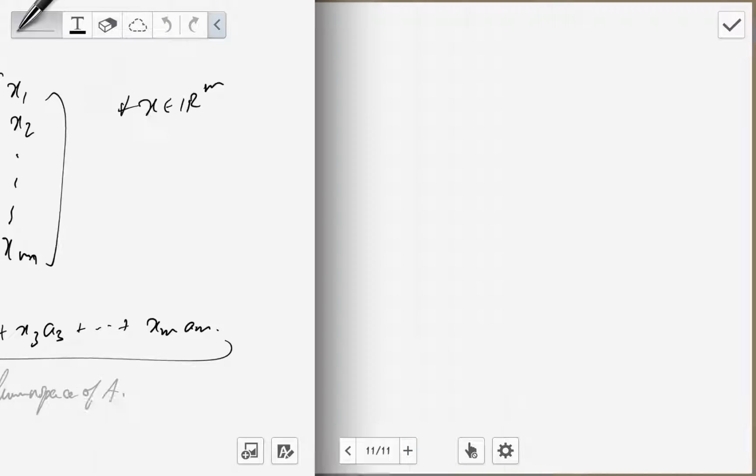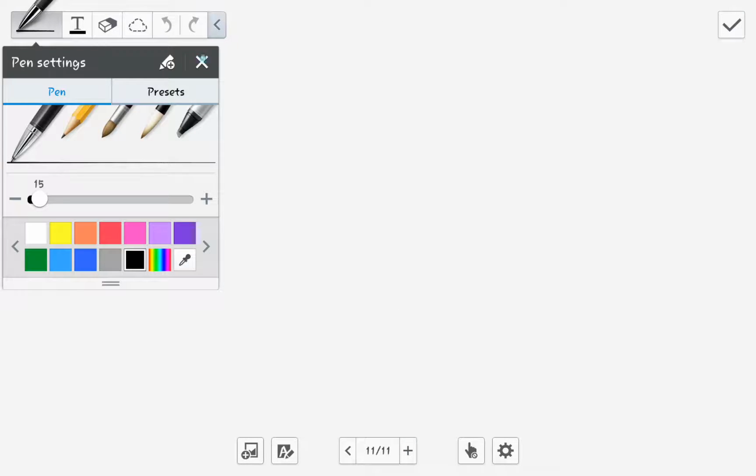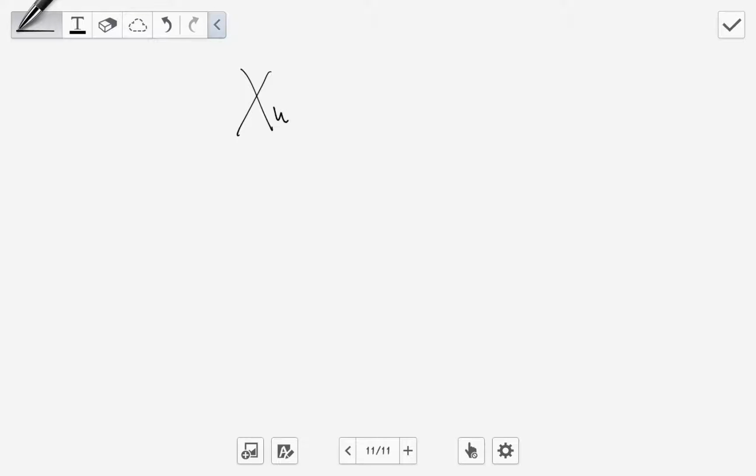Okay, so now let us look at this equation back. We had xw is equal to y. We want to find the best w possible.